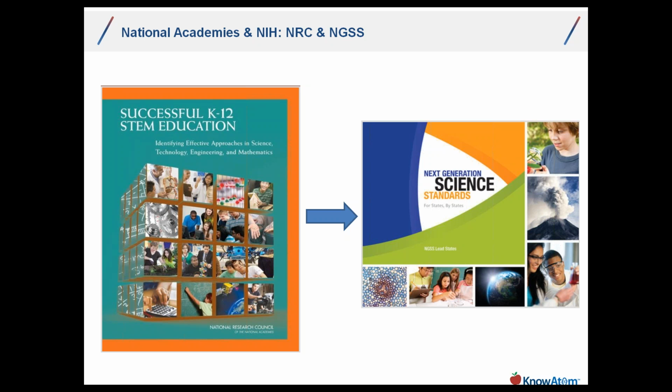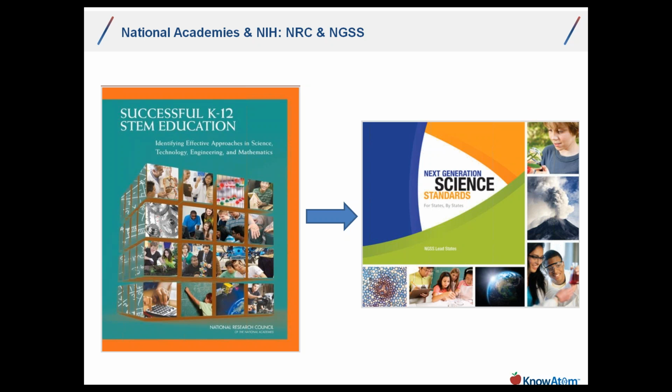Let's really look into what's happening in our nation's classrooms. Let's see what students can do, use it as a model, and develop some standards around it. So that's what the report Successful K-12 STEM Education was all about.